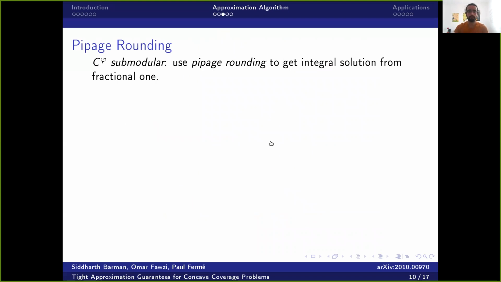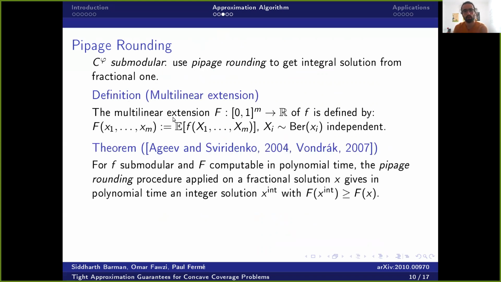So the second step is to round. And for this, we'll use a technique which has shown its strength, which is called pipage rounding. So this is the first step. So I recall how it works. Given some function f defined on sets of size at most m, you can see this as a small function f whose input is m bits.